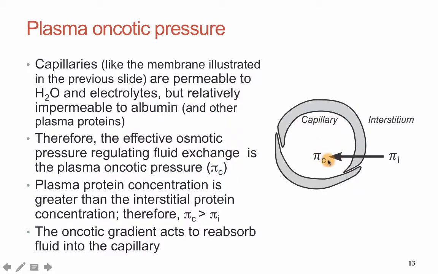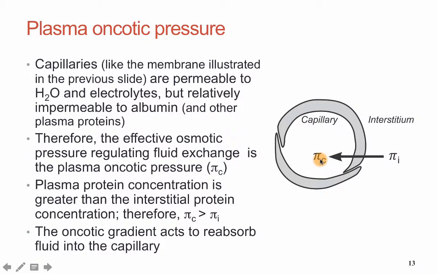And we abbreviate that pi sub c, for capillary or plasma oncotic pressure. The pressure outside the capillary in the interstitium is called the interstitial oncotic pressure, or pi sub i.